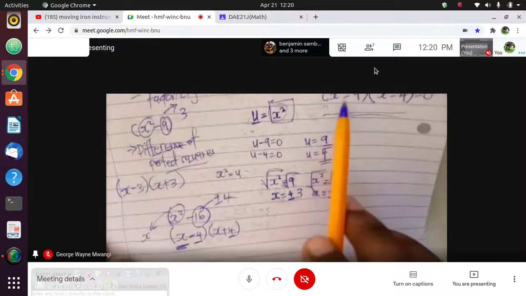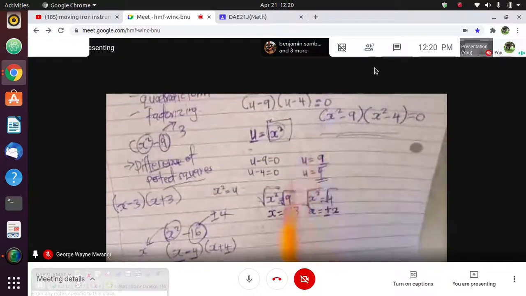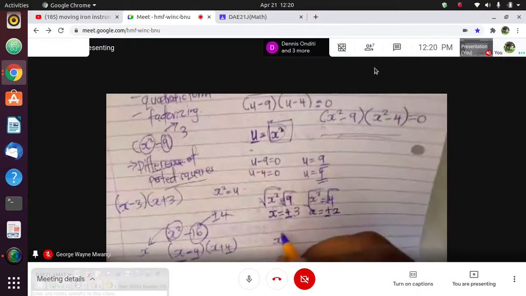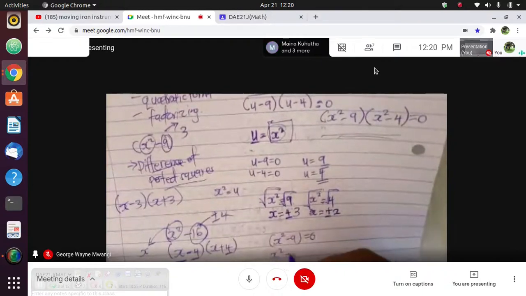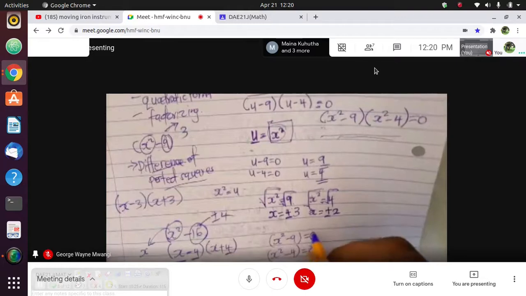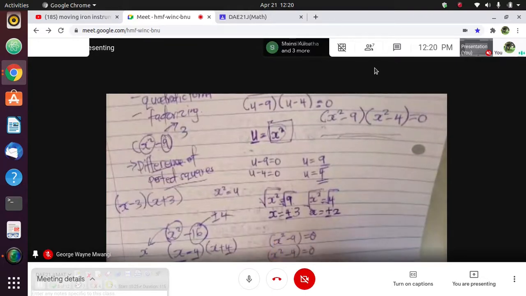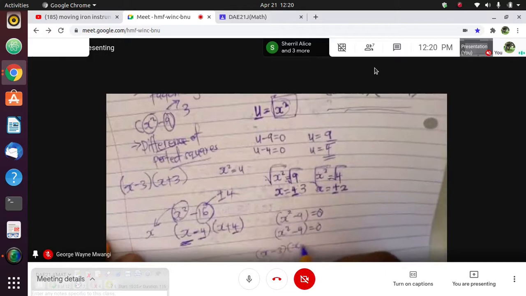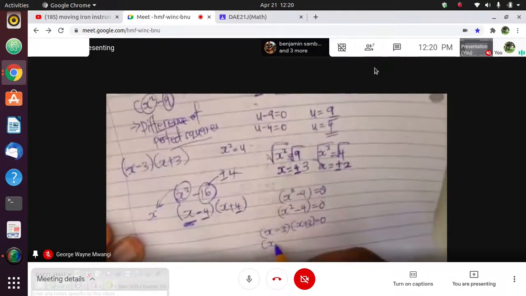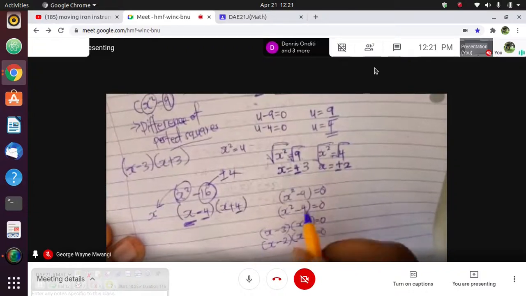Let us do it namna hii hapa juu. We found that our value is x squared minus 9 is equals to 0, and x squared minus 4 is equals to 0. Naweza andika this expression as x minus 3, x plus 3 is equals to 0. And then the second one, x minus 2, x plus 2 is equals to 0. 4 is also a perfect square.